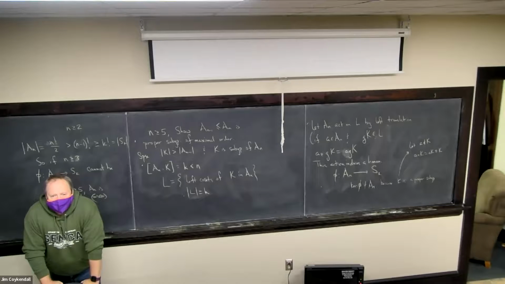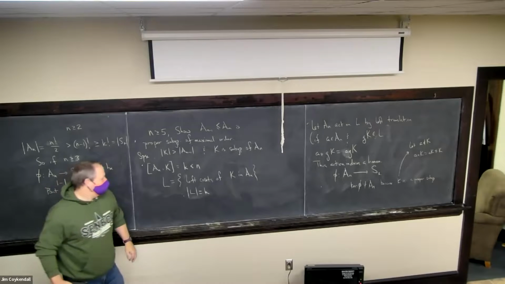So for, I think it's the third problem, if you have a PID with a quotient field, then any overring is a localization of R. I think I did that bit correctly, that any overring is a localization, but then the conclusion is to show that any overring of a PID is a PID.